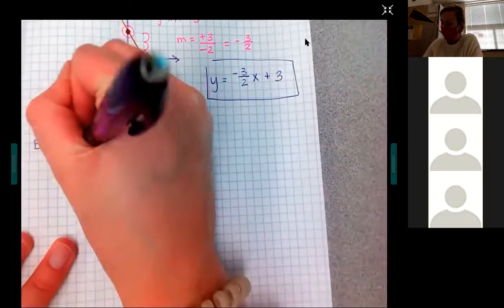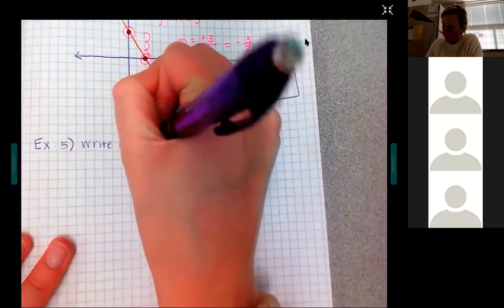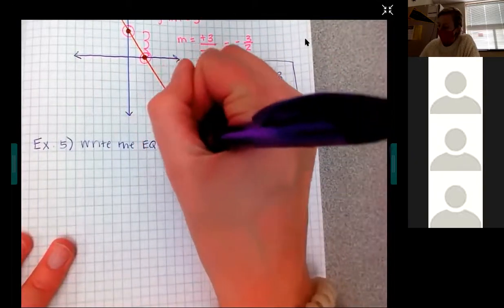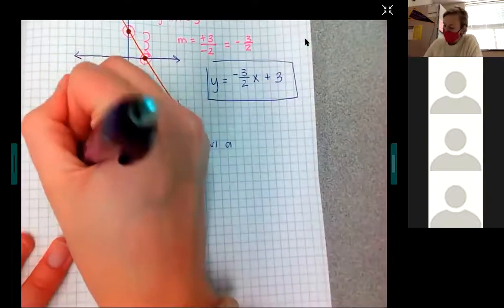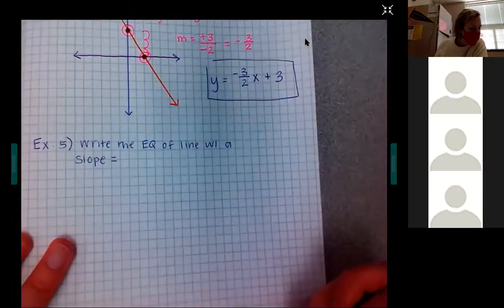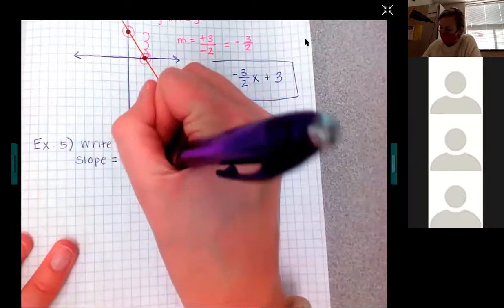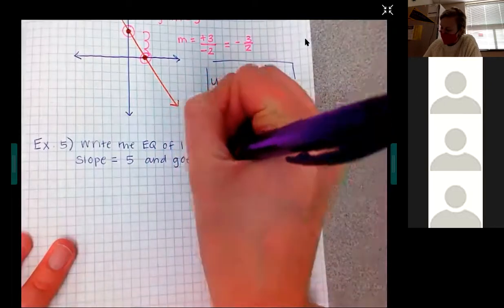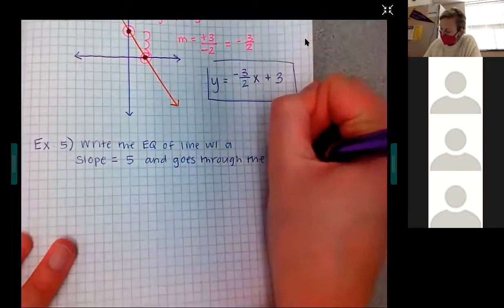So we want to write the equation of the line with a slope equal to 5 and goes through the point.